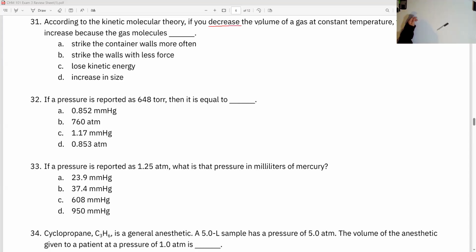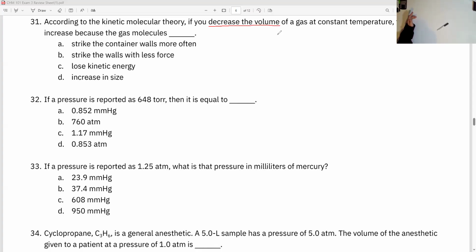So if you decrease the volume of a gas and you keep everything else the same, then the gas is going to have a smaller space to exist in. And so as those particles are moving around, they're going to find the walls of the container more times, right?